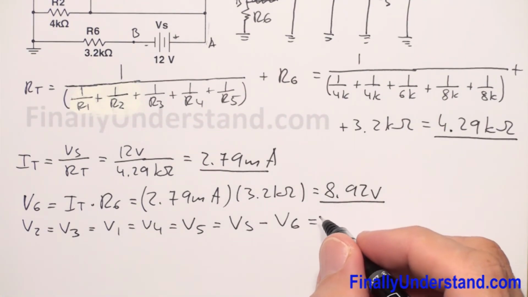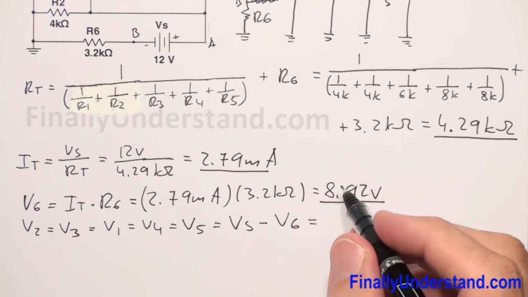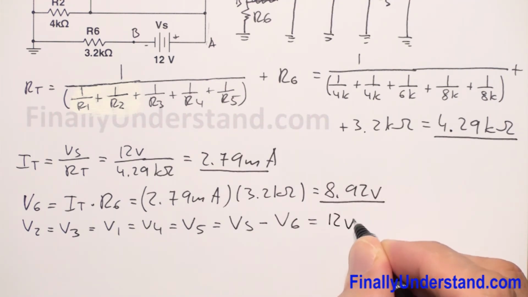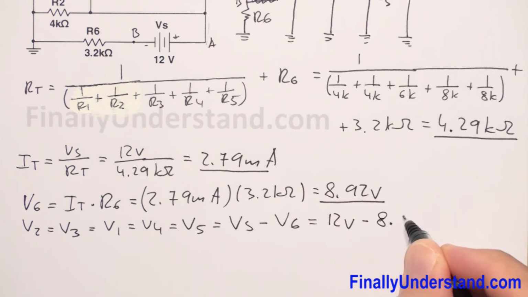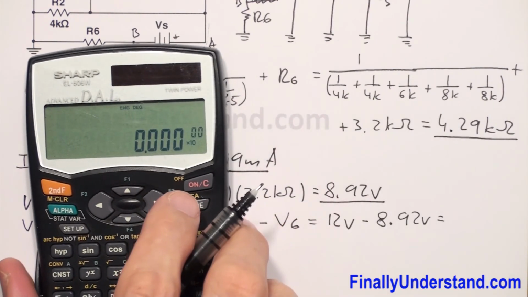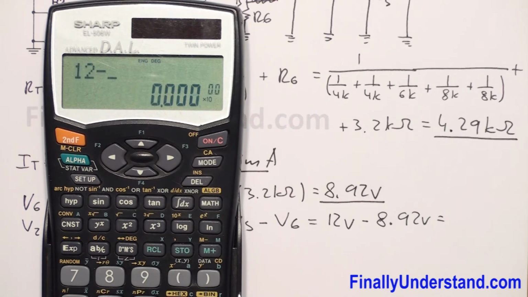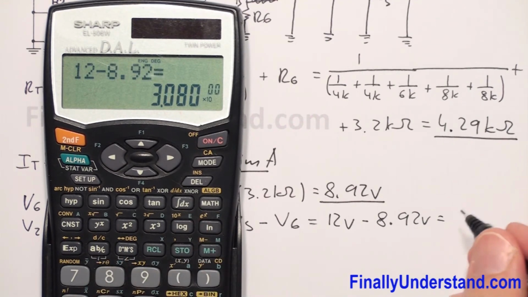The voltage source is 12 volts minus V6, 8.92 volts. So 12 volts minus 8.92 equals 3.08 volts.